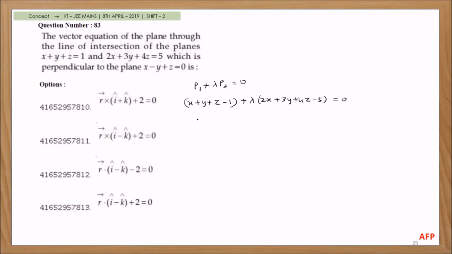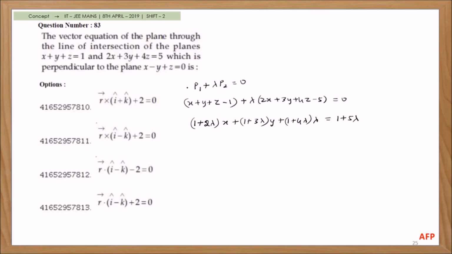So now (1 plus 2 lambda) x plus (1 plus 3 lambda) y plus (1 plus 4 lambda) z is equal to, you can write it on the other side, 1 plus 5 lambda.